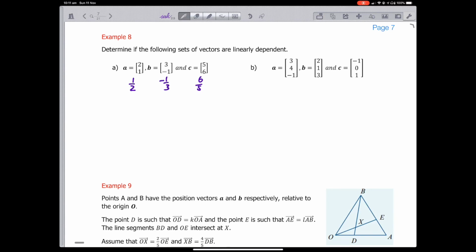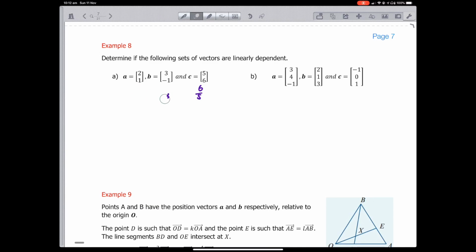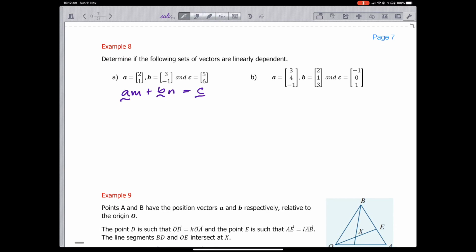So we know these are going to be linearly dependent because none of them are parallel. But let's do it the mathematical way. So AM plus BN equals C. Does there exist a value of M and N such that we can satisfy this equation?